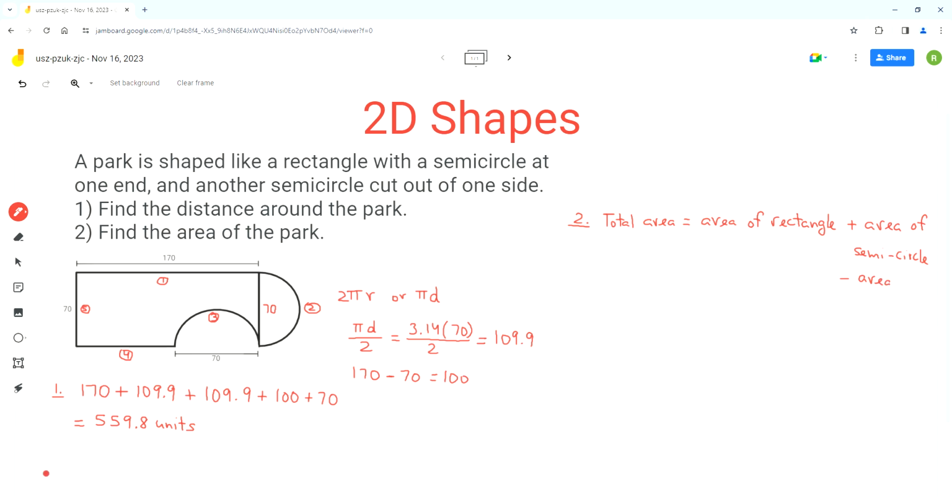So minus area of semicircle. Since these two semicircles have the same diameter, their areas will be the same. So they will cancel each other out, and we are left with the total area as just the area of the rectangle.